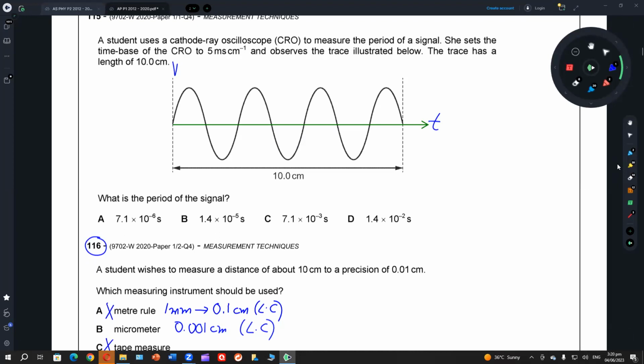Period means the time for one cycle. Now we can check how many cycles there are. 1, 2, 3. It looks to be 3.10 centimeter. It's 5 millisecond per cm.